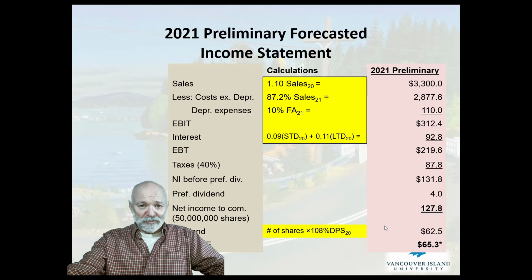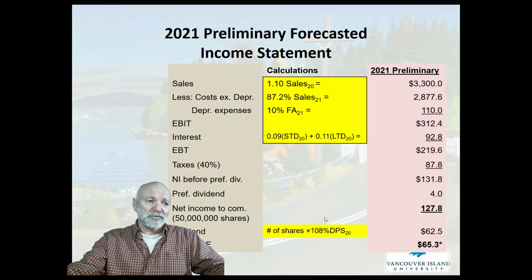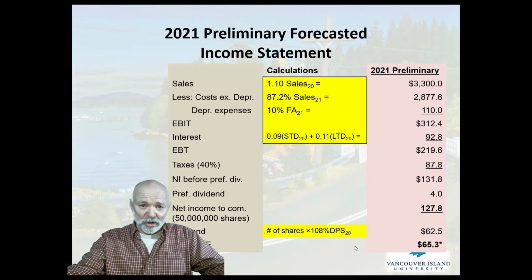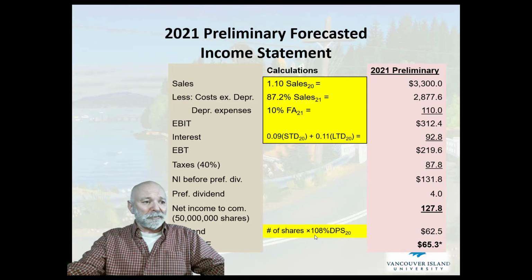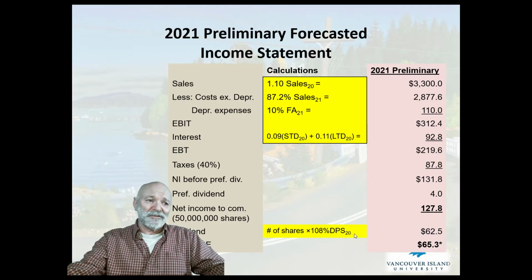Now, we pay a dividend that increases from year to year at 8%. So that's why we have to pay 108% of last year's dividend. Just part of the case information. And we have 50 million shares times 108% of last year's dividend per share.